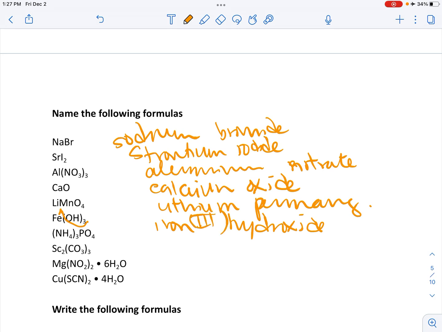Sorry, this is super messy. Ammonium phosphate.